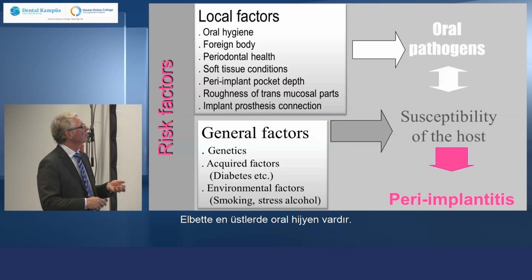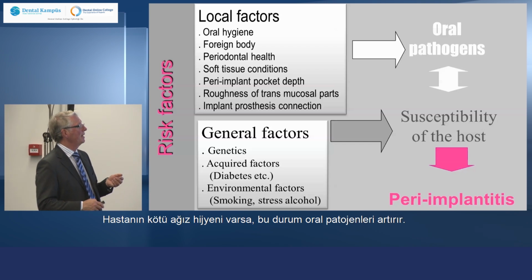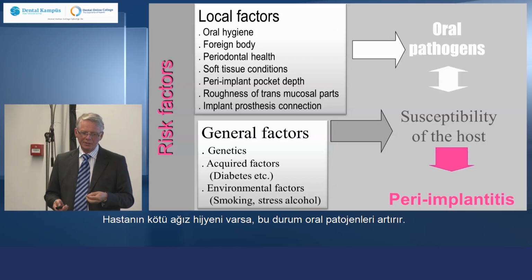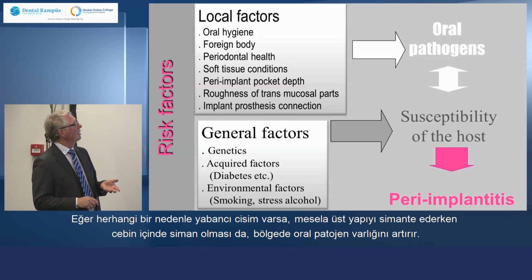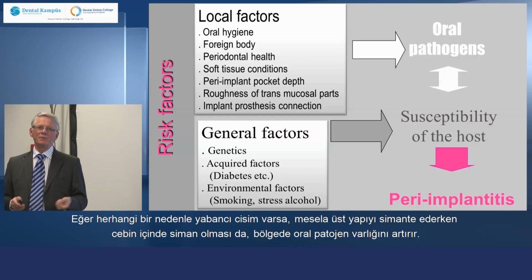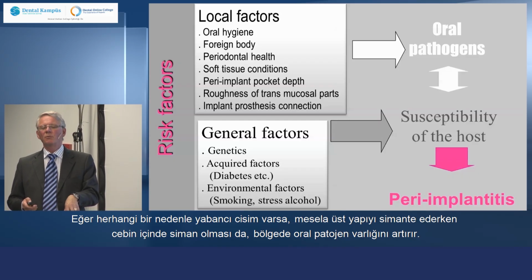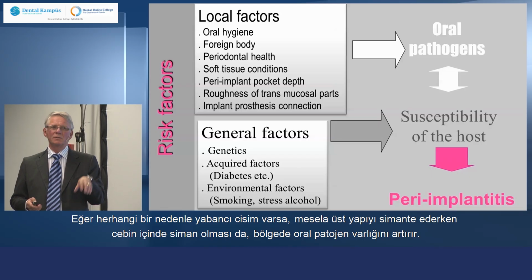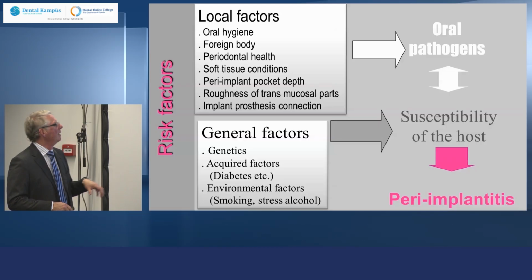And you will, of course, have oral hygiene very high up. If the patient has bad oral hygiene, it favors the oral pathogens, of course. If we, for some reason, have a foreign body, like if we are cementing the superstructure and we get cement down in the pocket, this will also favor the presence of the oral pathogens there.